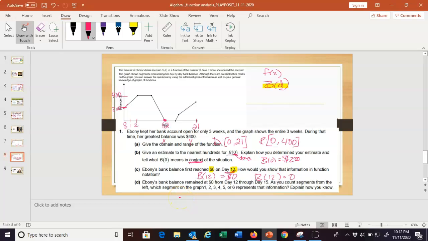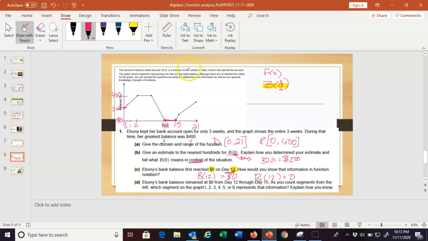Lastly, Ebony's bank account remained $0 from day 12 all the way through day 15. Ooh, look, we get another value, another clue. This is day 15. So from 12 to 15, she had $0, right? 0 along the y-axis. As you count segments from the left, which segment on the graph represents this information?